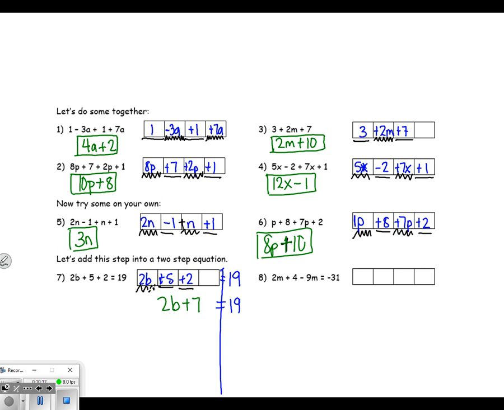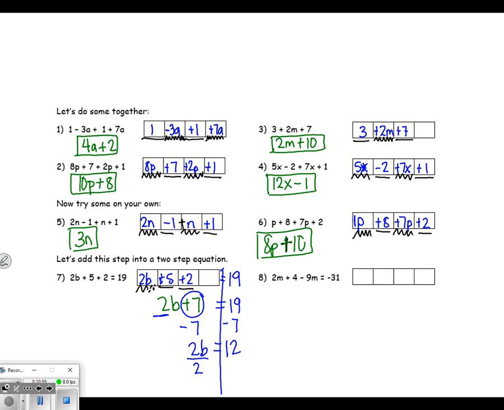This is where I go to work doing my two-step equation business here. So I'm going to go with blue. My constant is 7. My coefficient is 2. Get rid of the constant first, so I'm going to subtract 7 from both sides, which leaves me 2b equals 12.